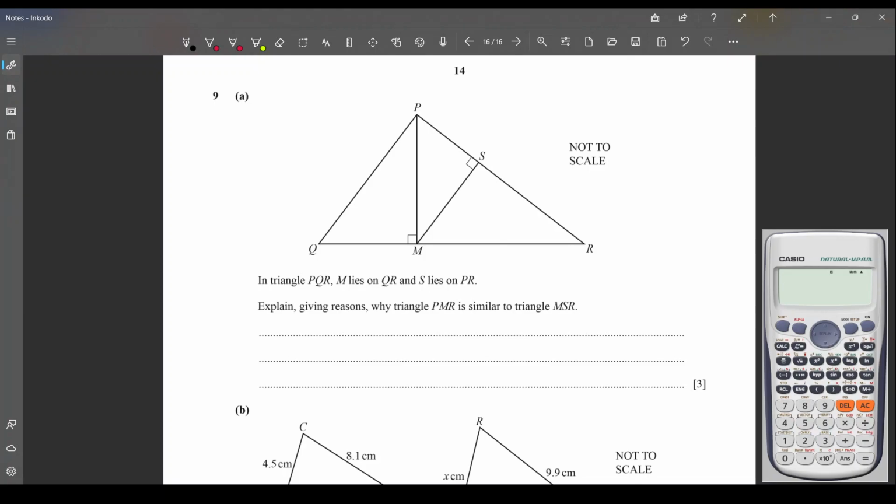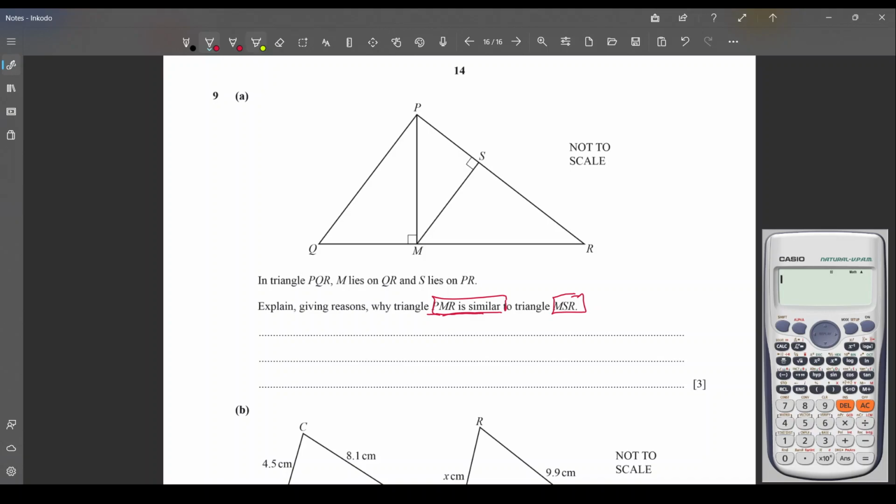Question number 9. In triangle PQR, M is the midpoint on QR, and S lies on PR. So we have to prove that triangle PMR is similar to triangle MSR.